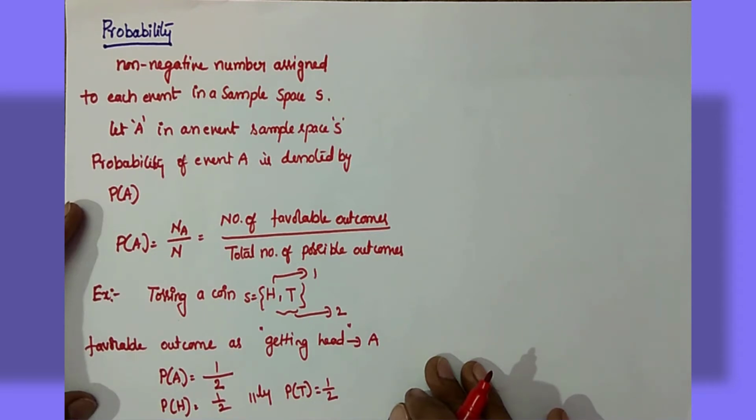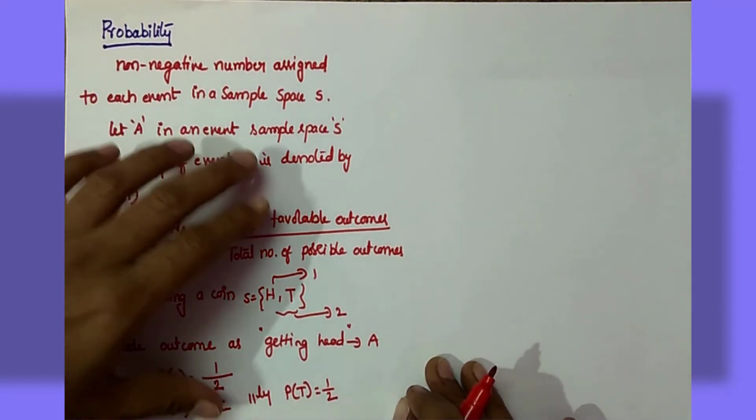So what is the probability of getting 2? P of 2 is 1 by 6. In the same way, in throwing a die, the probability of getting 3 is 1 by 6, the probability of getting 5 is 1 by 6. All the events' probabilities are 1 by 6. So that is the definition of probability.